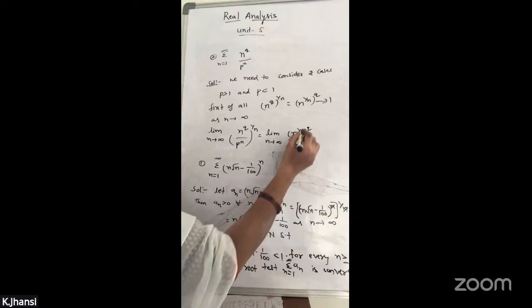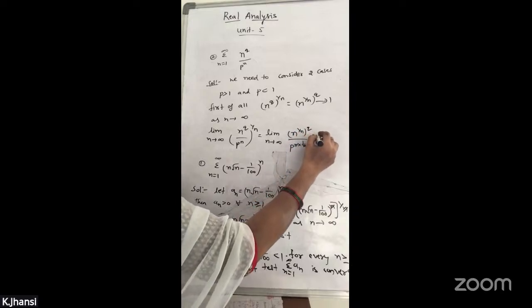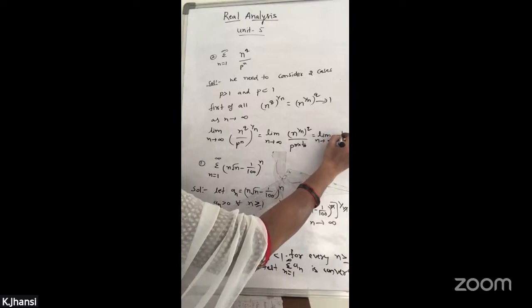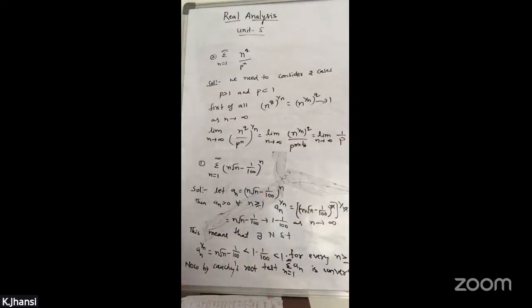So these two will get cancelled and this value is 1. So you will get limit n tends to infinity 1 by p. So we are getting the value as 1 by p. So when p is greater than 1, what will happen? And when p is less than 1, what will happen? We have to see that.